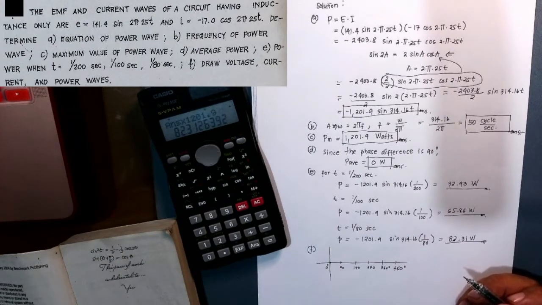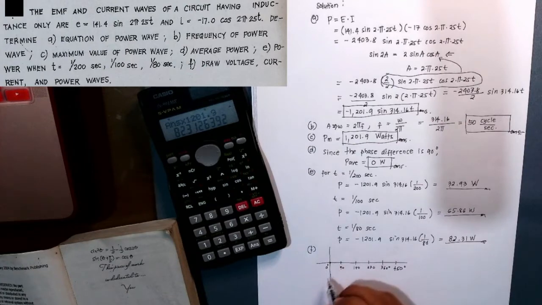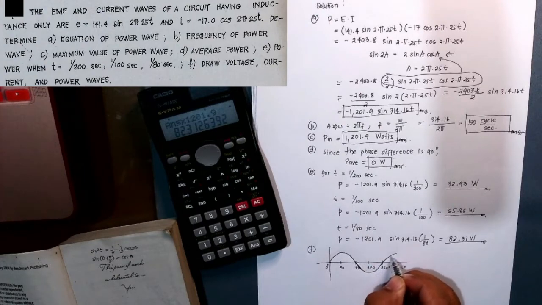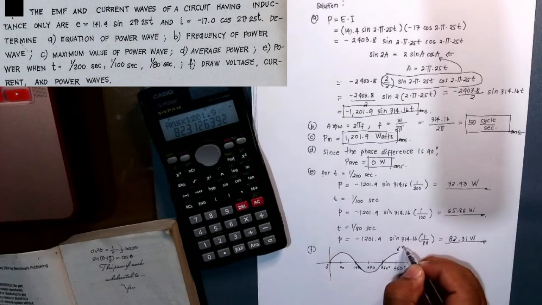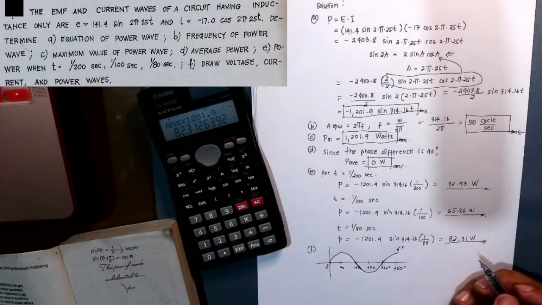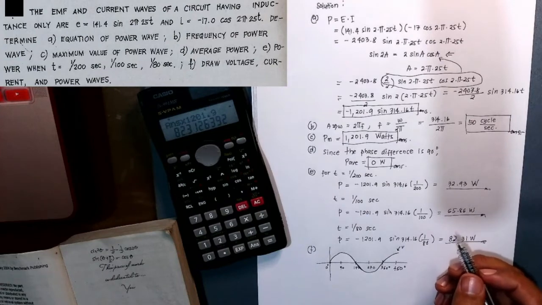If our reference is the voltage wave, it will be like this one. So this will be the voltage waveform V. But since this is a pure inductor, the current lags the voltage by 90 degrees.